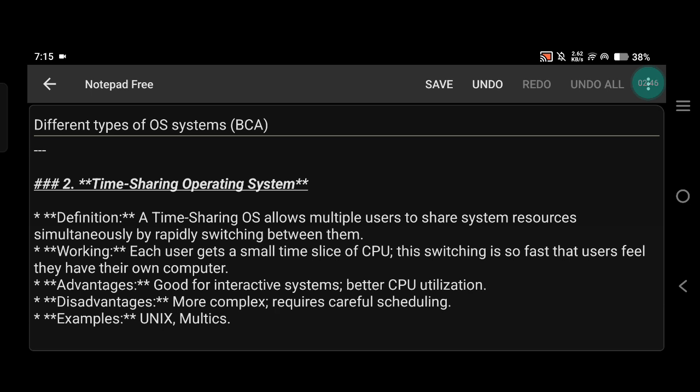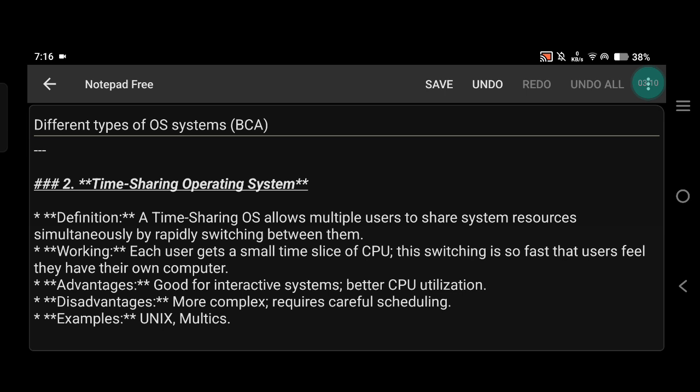Advantages: good for interactive systems, better CPU utilization. Disadvantages: more complex, requires careful scheduling. Examples: Unix, Multics.